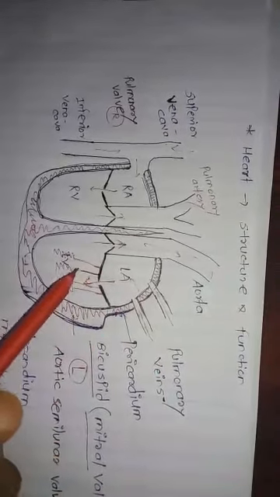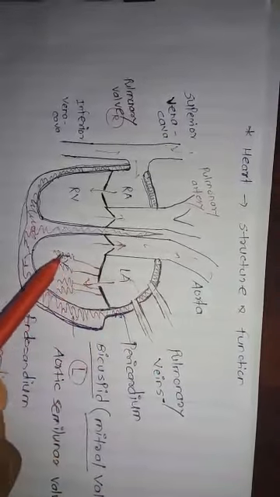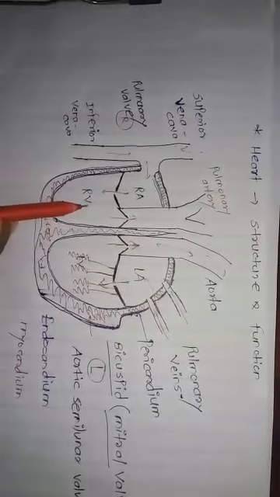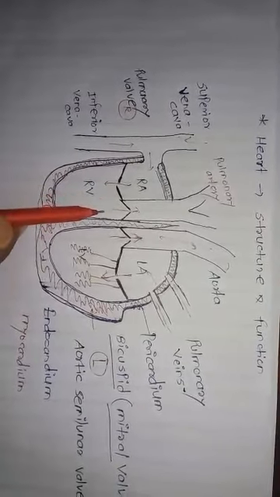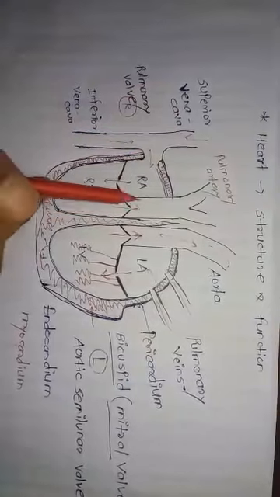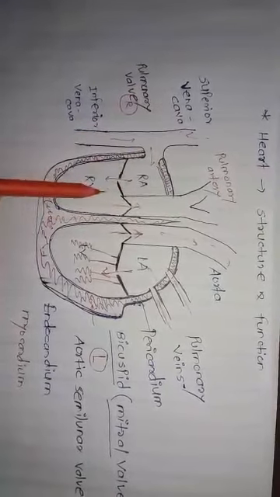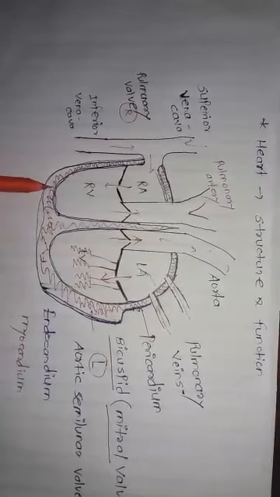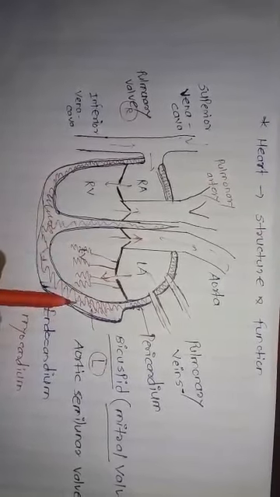So it has high tension, so it has a very thick myocardium as compared to the right ventricle. And the right ventricle has to pump blood to the lungs, which are not far from it. So the right ventricle has a relatively thin myocardium as compared to the left ventricle.